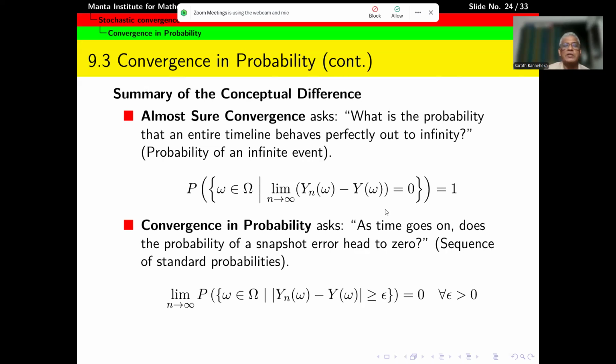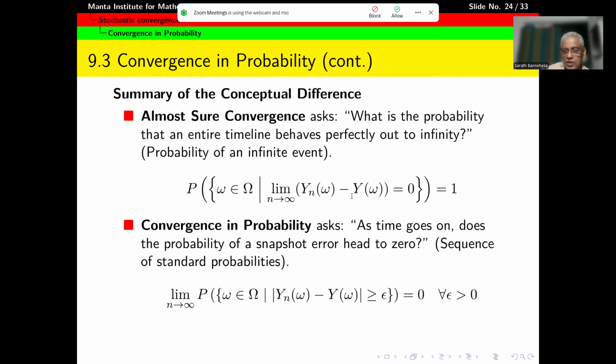Here we are finding a set of omegas where this sequence is converging to y omega as n goes to infinity, right?